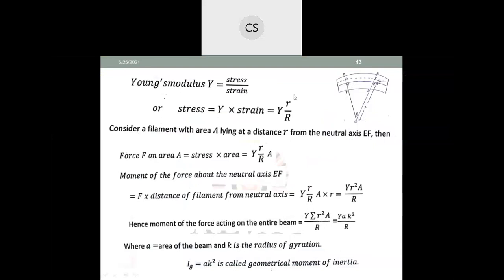Correct? As per definition, stress is equal to F by A. Correct?